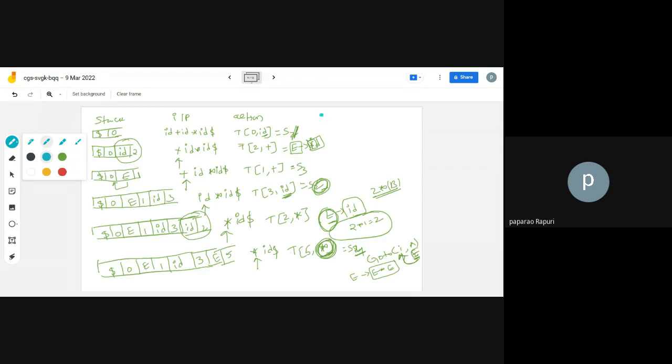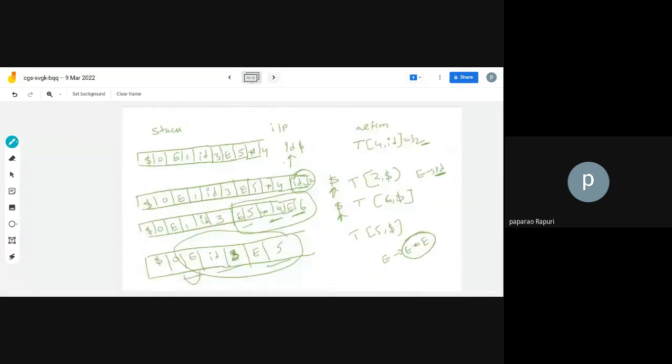Here it is a shift action. And here also it is a reduce. And here it is shift. And here it is shift. Here it is reduce. And here it is reduce. So 3 shifts and 3 reduces.